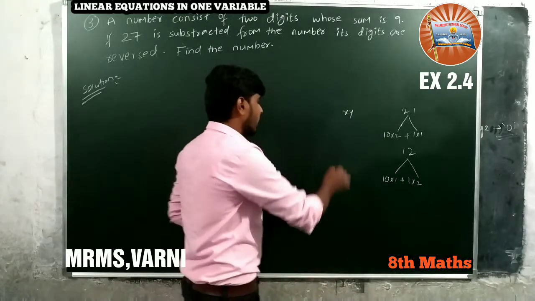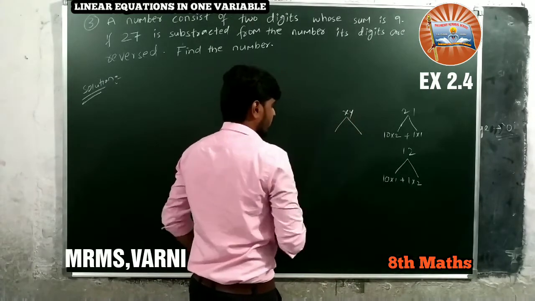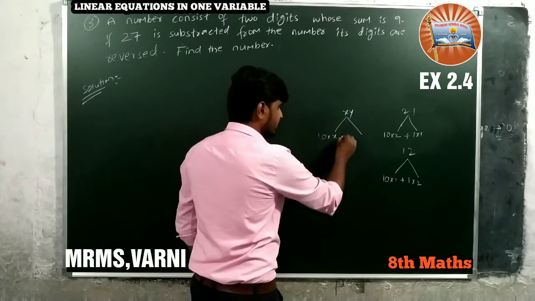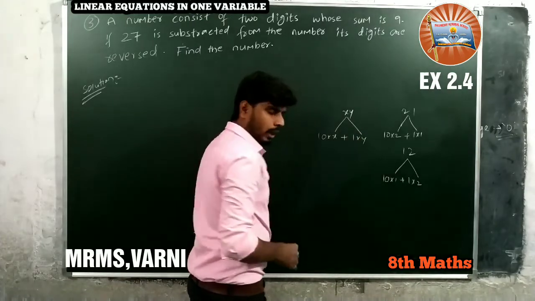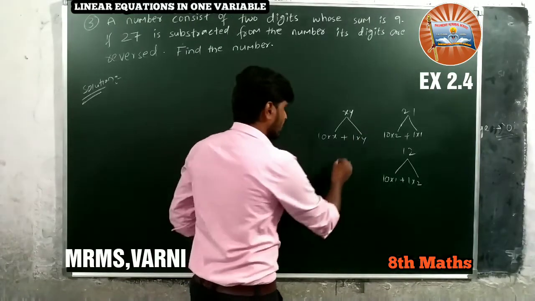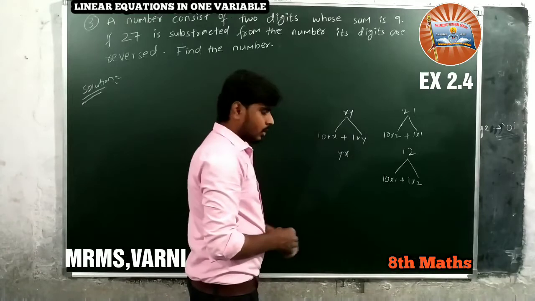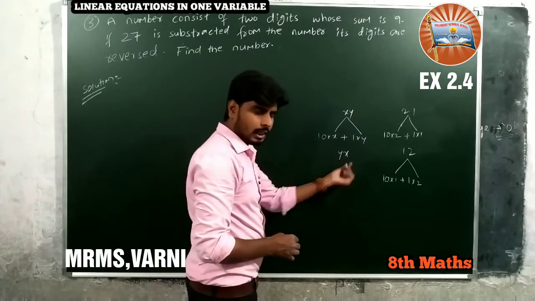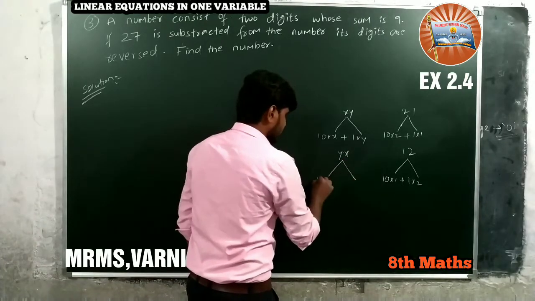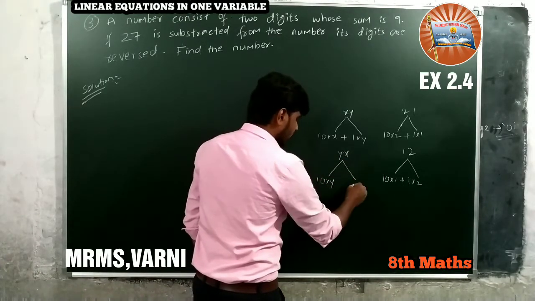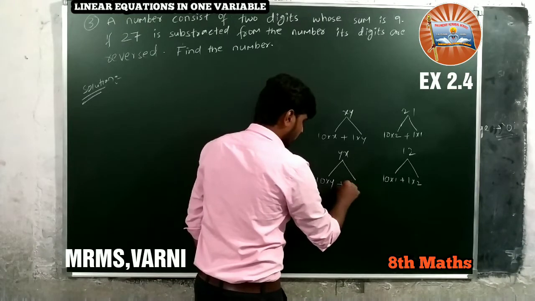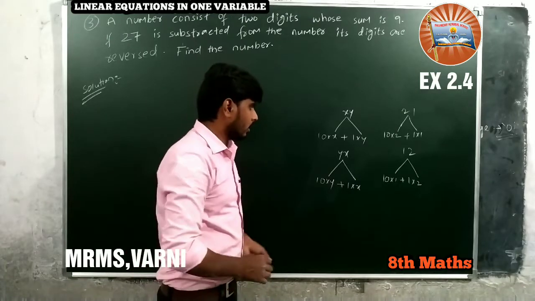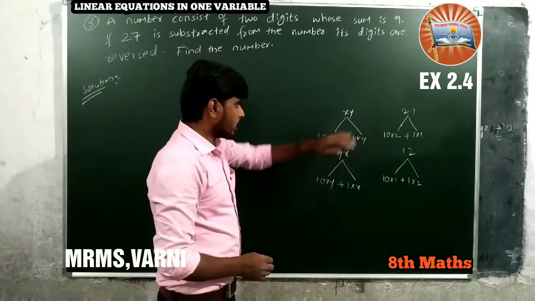Similarly here, this two-digit number is 10 into x plus 1 into y. If I write the reverse, it becomes yx. So in the tens place now y is there, in the ones place now x is there. So it becomes 10 into y plus 1 into x. Is it correct? Yes.